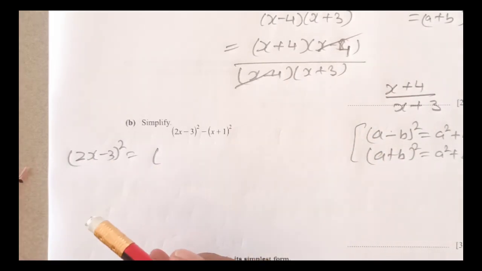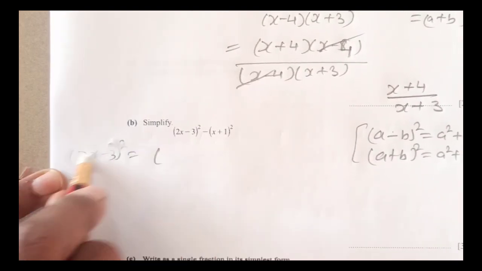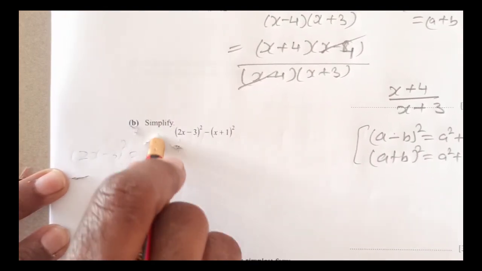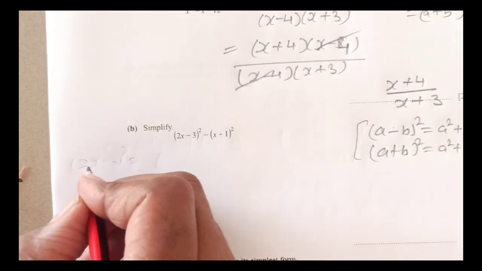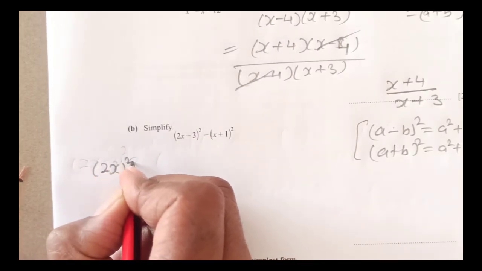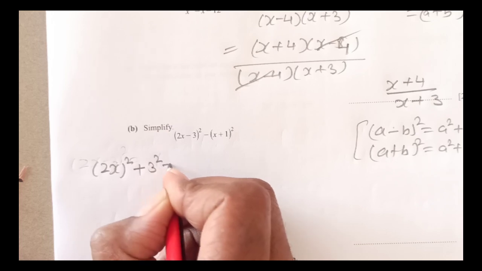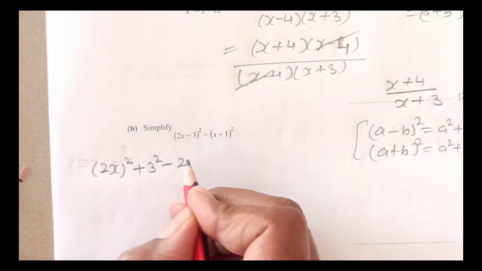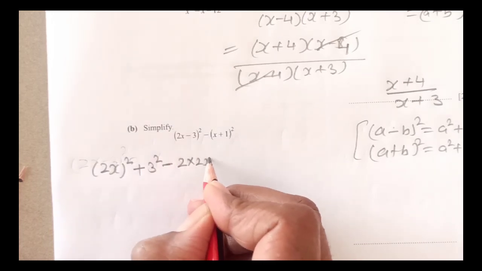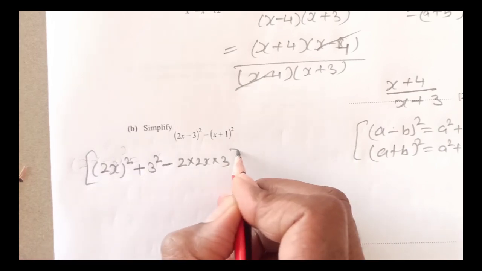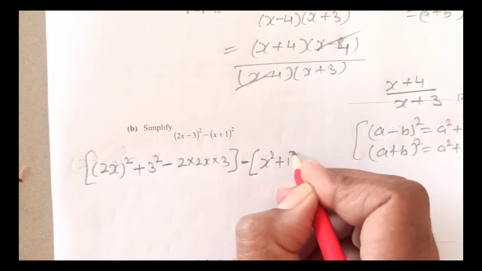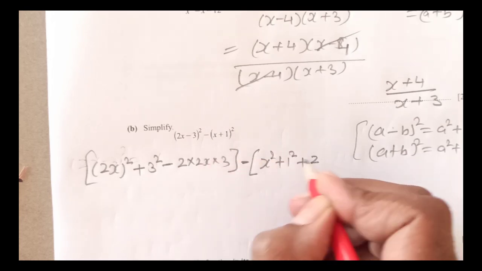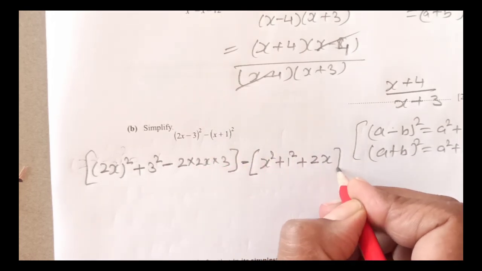So then if we are using formula, then we are just going to write it directly, no need to do it separately to save time. So a square is 2x squared plus b squared minus 2ab, 2 times 2x times 3, okay, minus x square plus 1 square plus 2ab, 2 times x times 1, so this will be 2x.